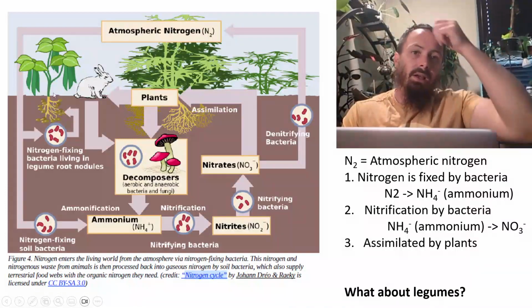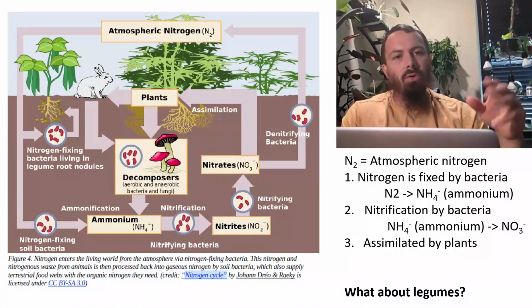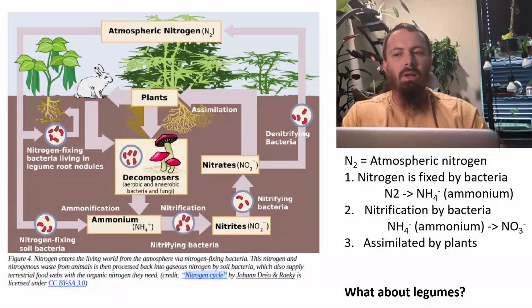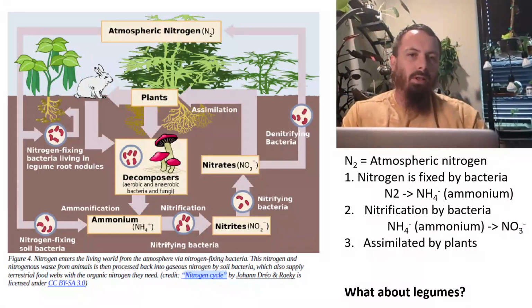In that way, the plants can basically short circuit the system and have a major competitive advantage in a nitrogen limited environment. So in environments that are nitrogen limited, maybe it's a brand new environment, maybe it's one with very little soil development, pea plants are often one of the first plants to colonize those environments.